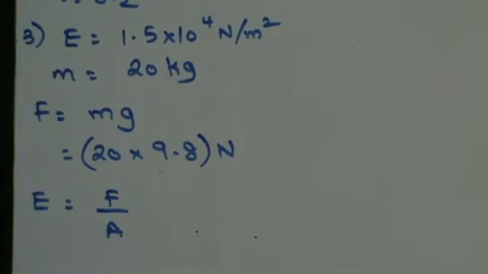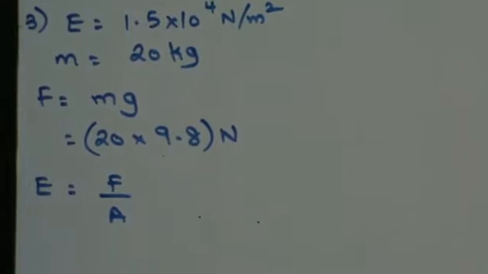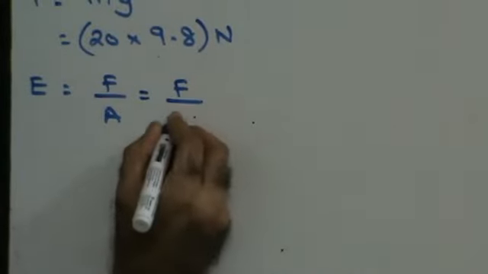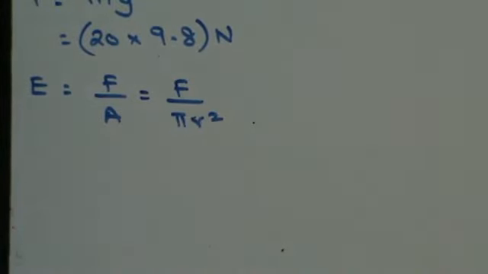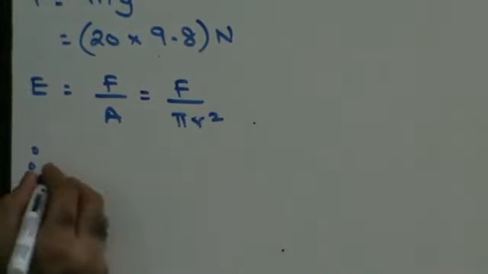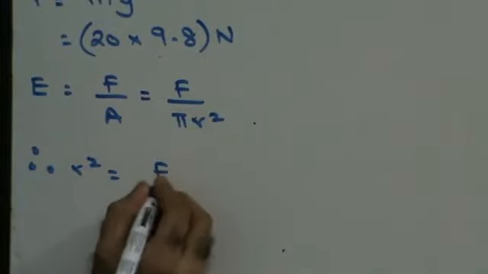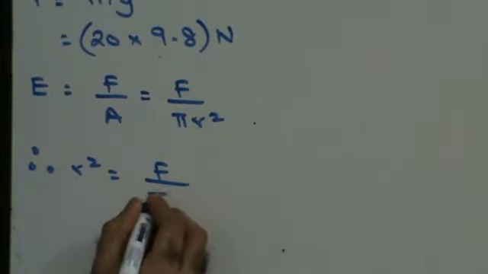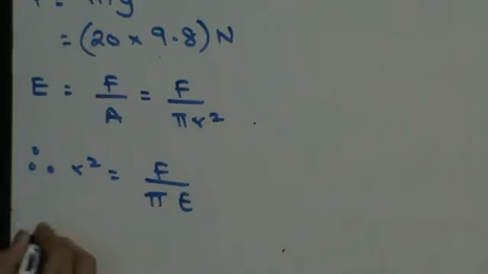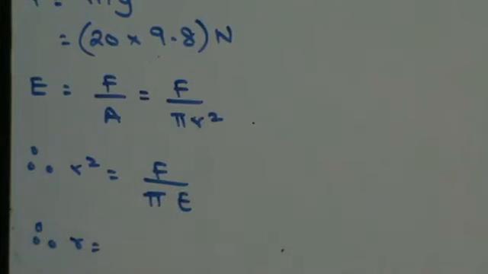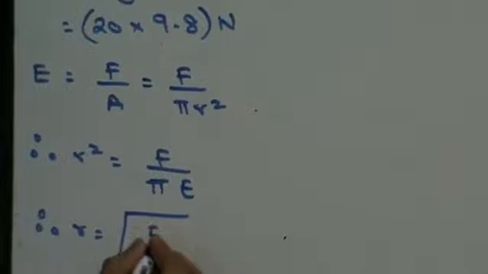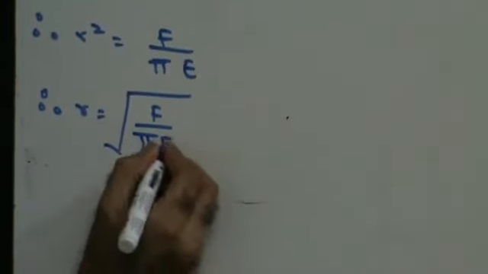Since this is a wire, the cross sectional area of the wire will be a circle, so this is F upon pi r square. Therefore r square is F upon pi E, therefore r is square root of F upon pi E.